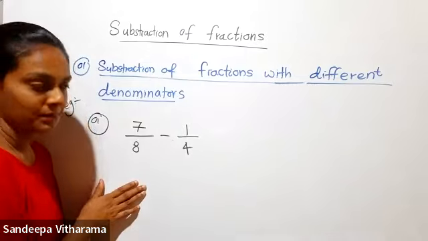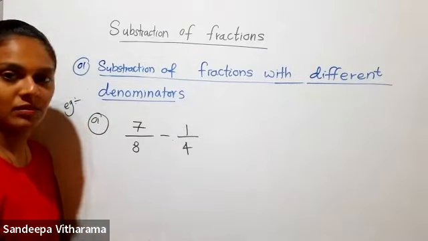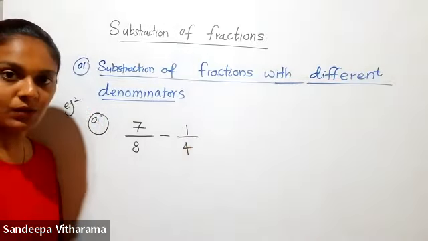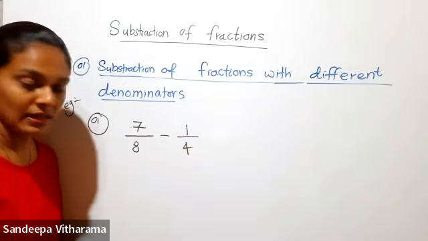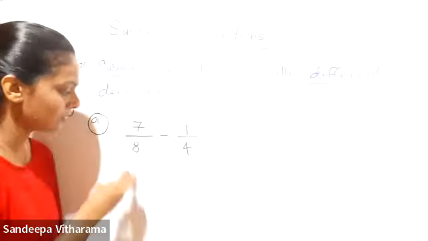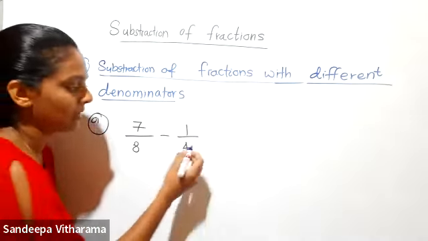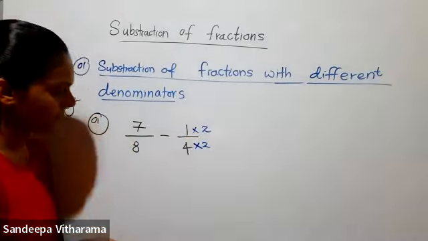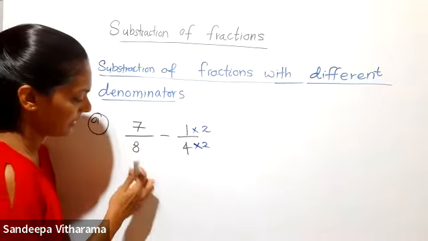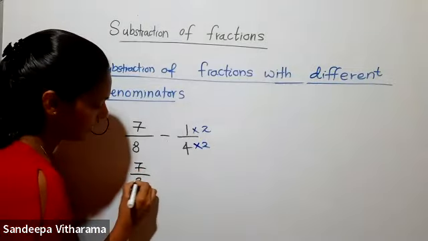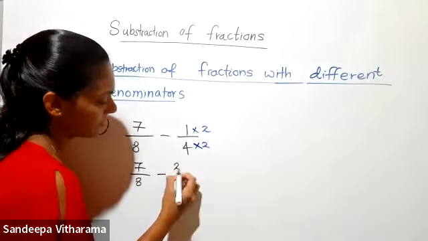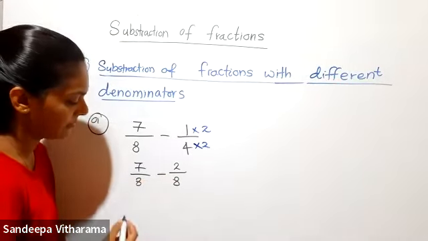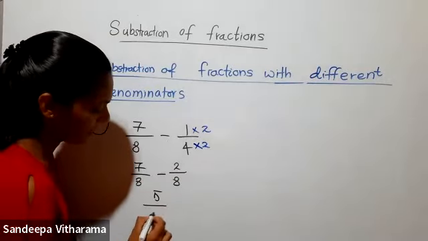Move to the smallest one. Then take 4 into 1, it is 4. 4 into 2, it is 8. That means we can move to the 8 by multiplying this by 2. So 7 upon 8, 1 times 2 is 2, 4 times 2 is 8. Then 2 is subtracted from 7. So 5 upon 8.